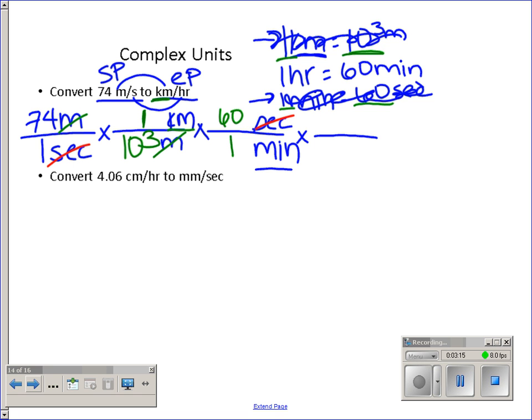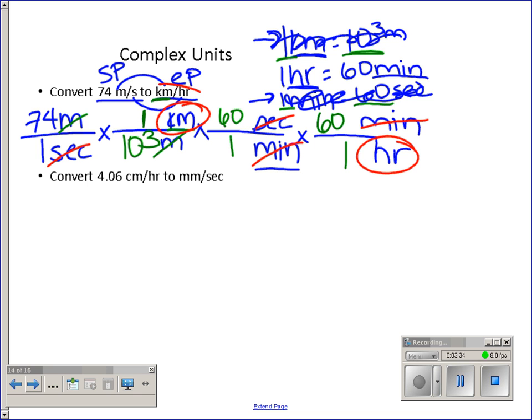Well, if minutes is on the bottom, it has to go on the top. If minutes is here, then the other unit has to be hours. I plug in the numbers that belong. 1 hour, 60 minutes. Minutes cancel. I'm currently in kilometers per hour, which is the unit my question asked me for. So at this point I can solve.